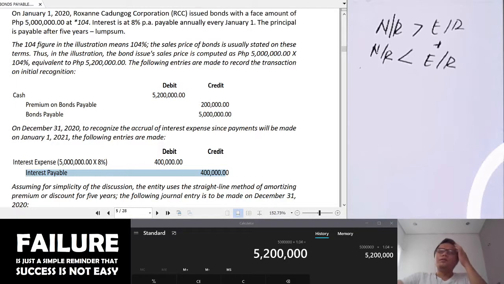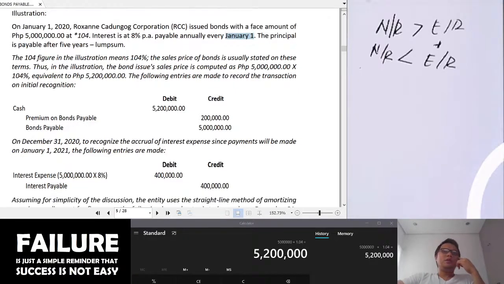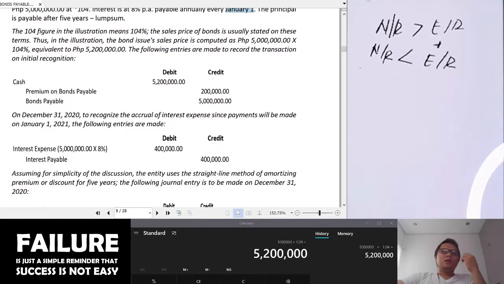Why? Because basically, our interest, as stated in the exercise, will be paid on January 1. So that means, as of December 31, 2020, wala pa tayong payment. However, we have already incurred the interest expense na applicable for 1 year, from January 1 to December 31.